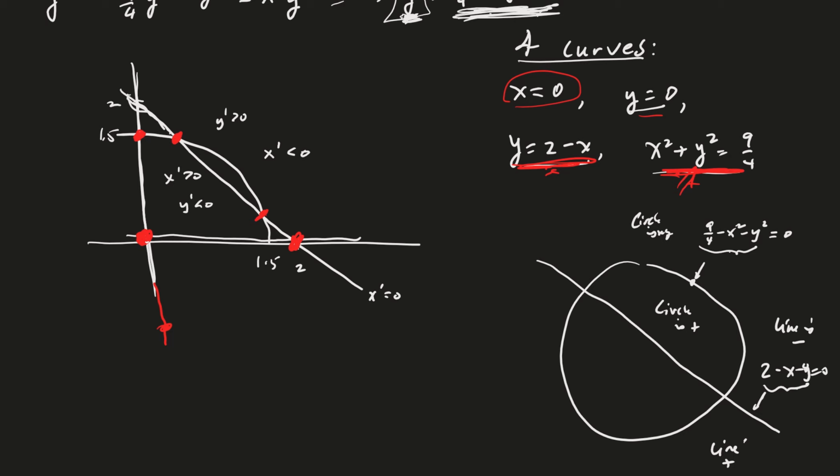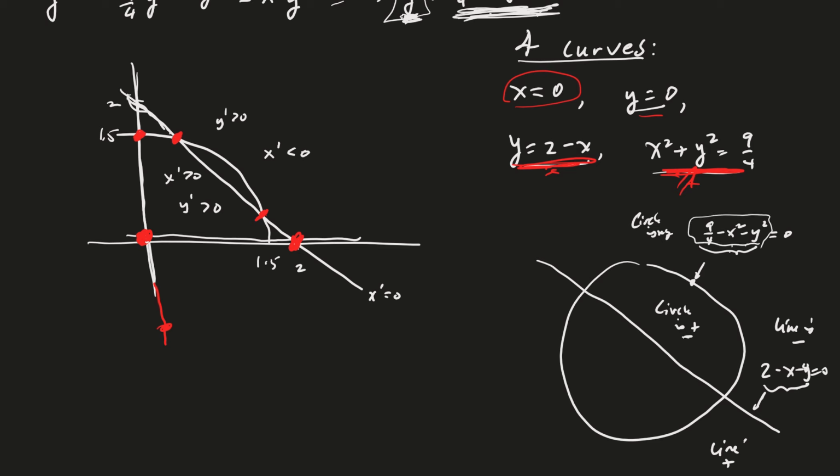Let me stop for a moment because I think that I said it correctly, but I wrote it down incorrectly. Inside the circle is positive, right? But I said that y prime was negative. So y prime is positive here. Again, that's because if you plug something in like 0, 0, you get a positive number for this expression.